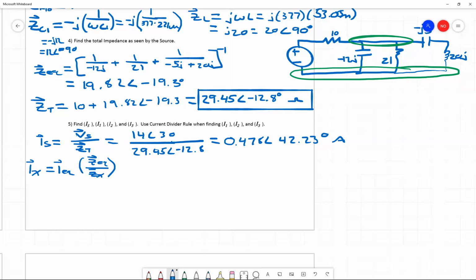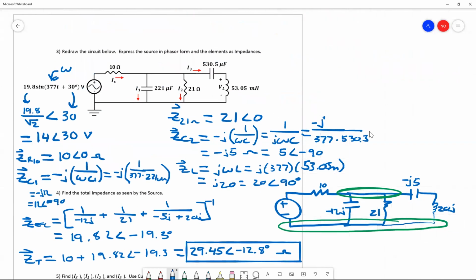So let's take a look at our circuit again. I'll highlight it in green. If this right here is the parallel network we're interested in, that means that the current going into it is IS. So if we're building a current divider rule, IEQ is going to be equal to IS. Now we need ZEQ.